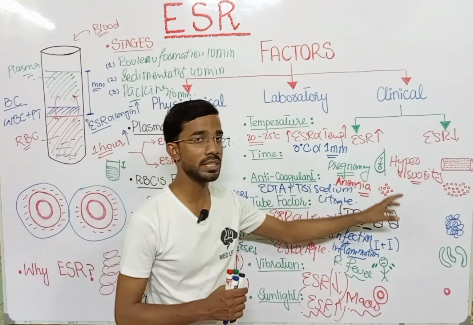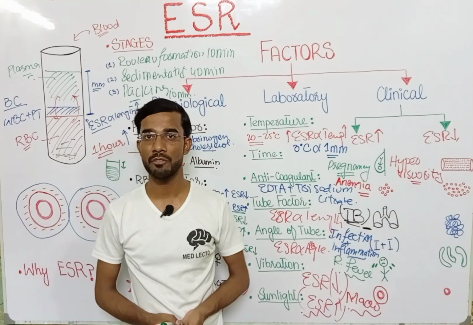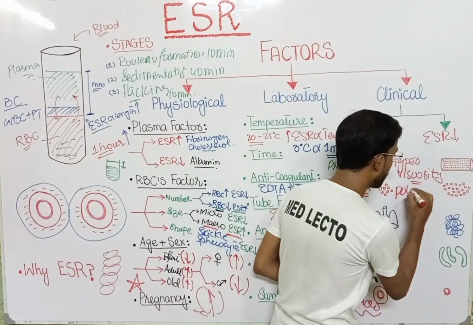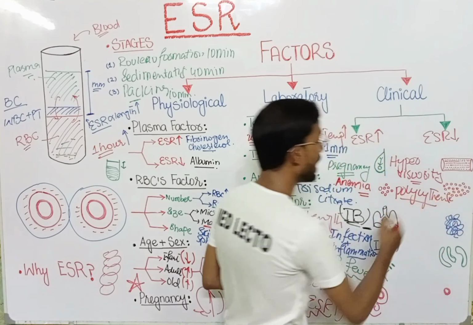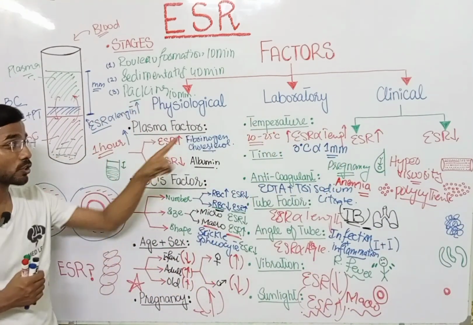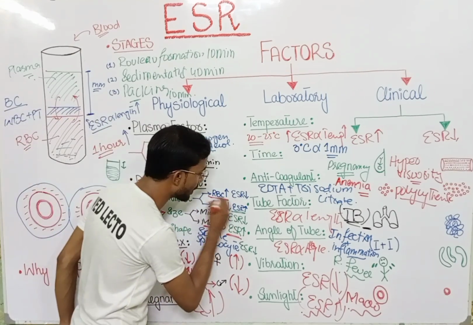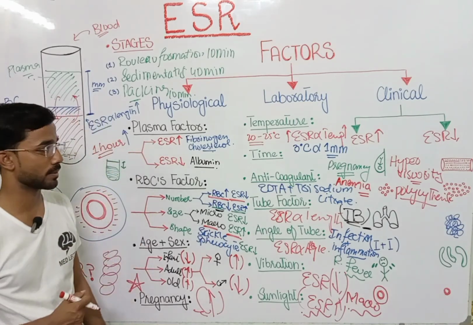So hyperviscosity hinders the settling of the RBCs, due to which the ESR will be reduced. Next is polycythemia, when the RBC number increases. In polycythemia, the ESR also decreases because, as we have discussed, the RBC number increases, so the ESR will be reduced.